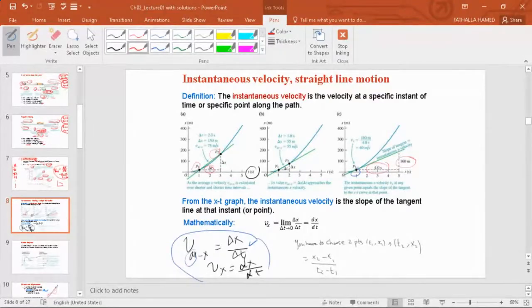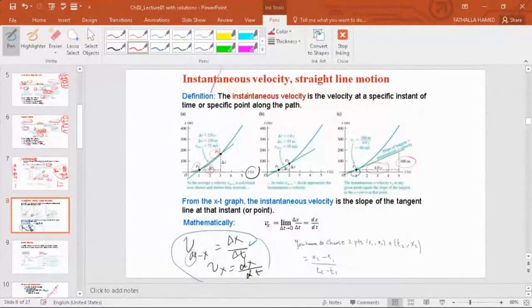And this is what we call instantaneous velocity. Now, if you look at what we have on the top here, you know what instant is, right? Instant means at this instant. Now, you add to it instantaneous, that means I want the velocity at a certain time, not the average velocity between two different times.